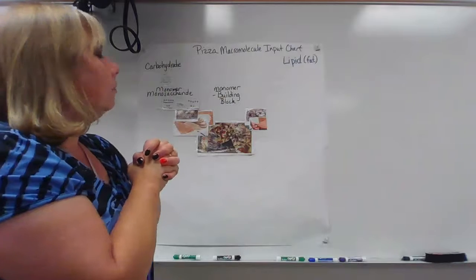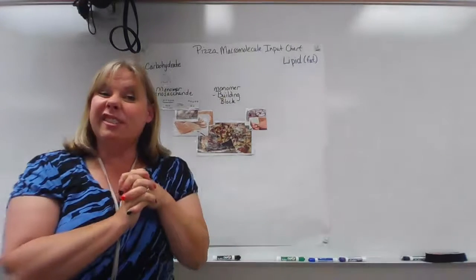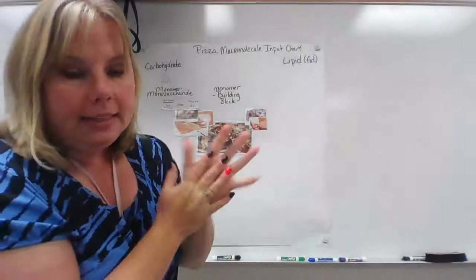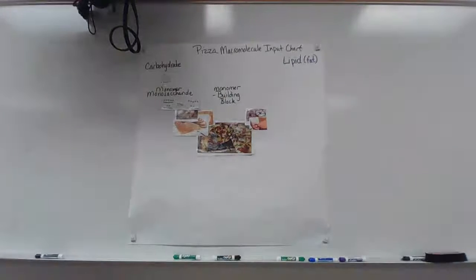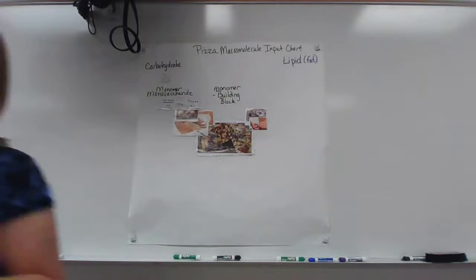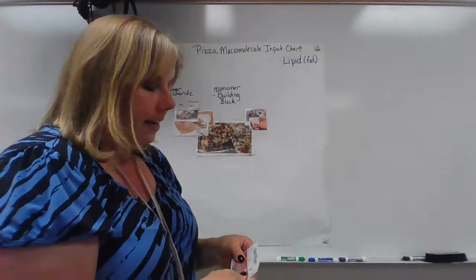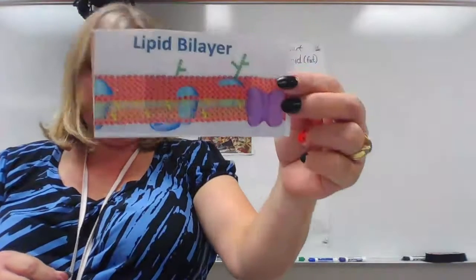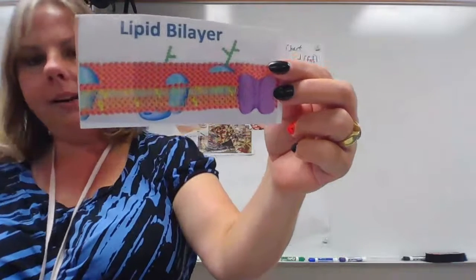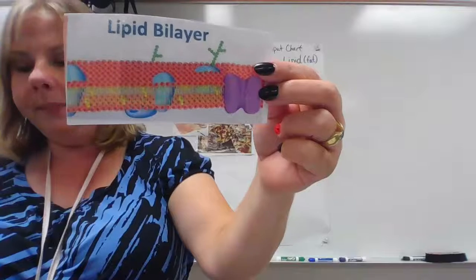So, let's zoom in even further, okay? And in fact, most of our cells, not gonna say every, almost said every, that's never a good thing. Okay. Most of our cells in our body have this thing called a lipid bilayer as the cellular membrane.